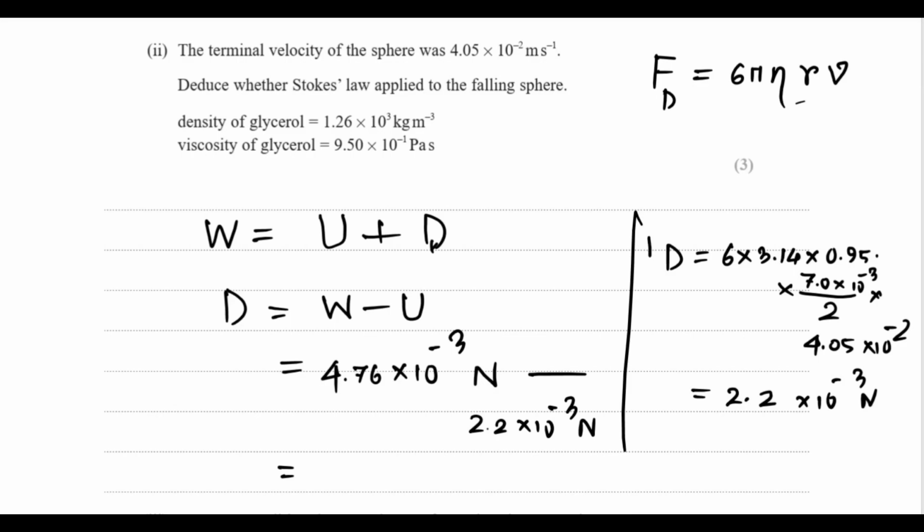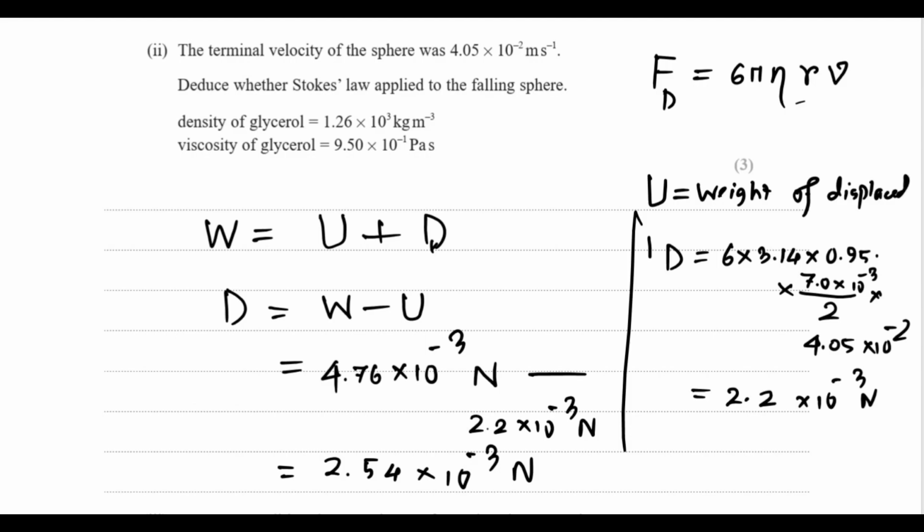So upthrust force is 2.54 into 10 to the power minus 3 Newton. So upthrust equals weight of the displaced fluid.